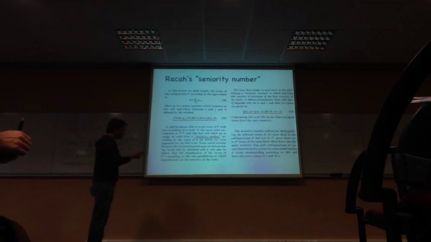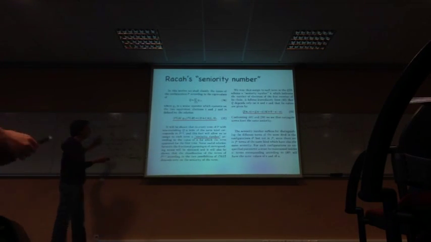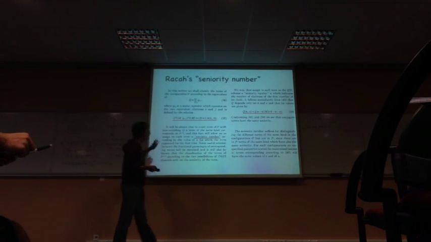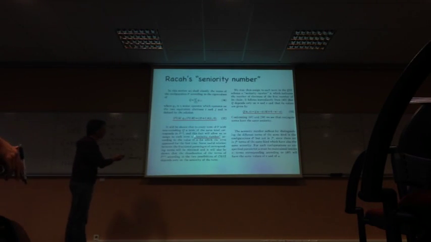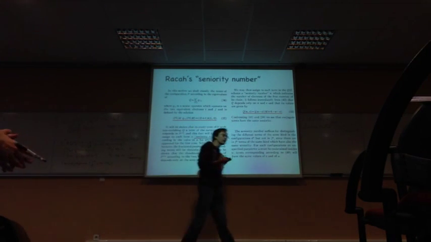Okay? And he finds the eigenvalue which is almost identical to what we have here. There is some difference in the 2J's and the 4L's because you have spins and this is integer. Here it is not integer. And he also talks about the seniority number.